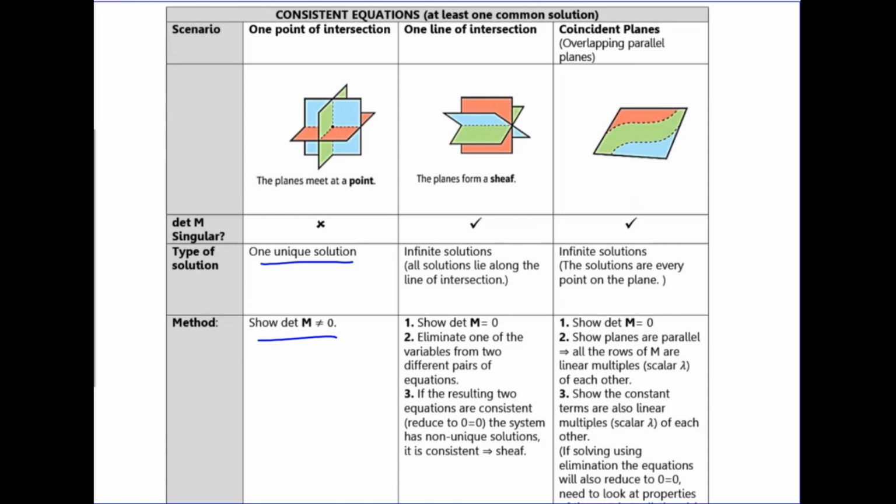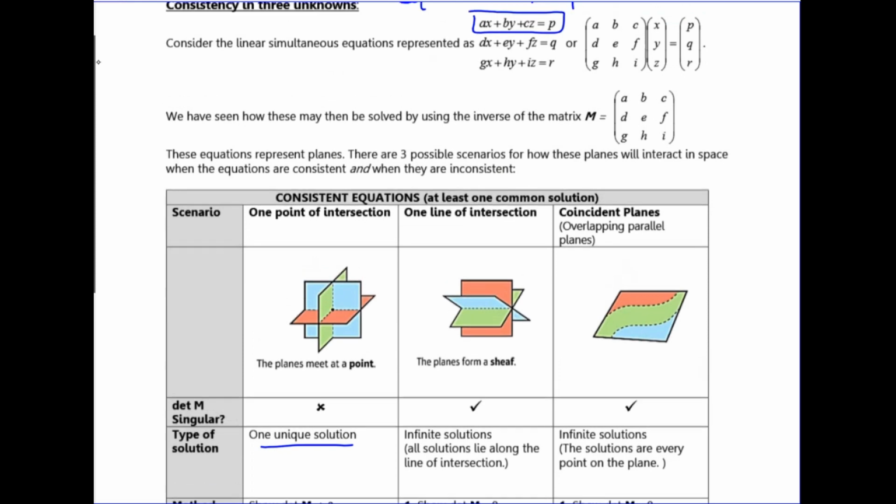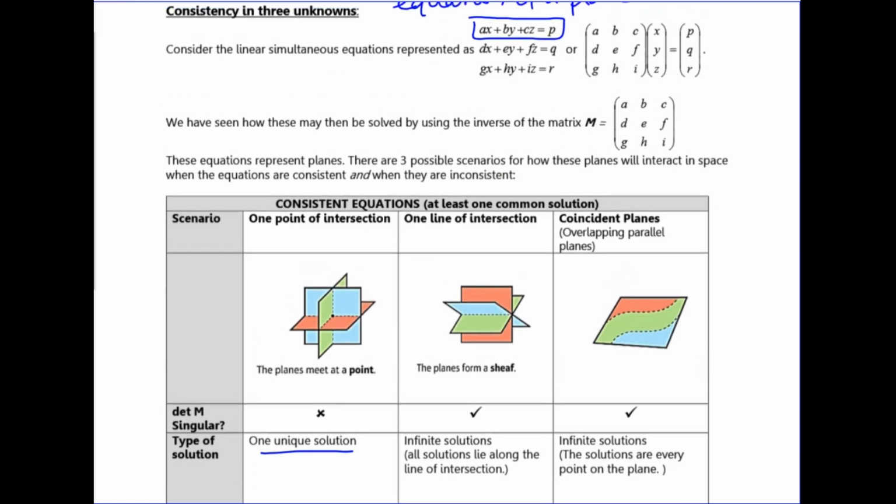Just like for the straight lines in 2D, you've either got infinitely many solutions or no solutions, but there are more options for what it could be in 3D. But basically, you're looking for the same thing. Once you've got the determinant at 0, you're looking at your three equations and seeing if any of them are multiples of each other, if any of them are the same thing.